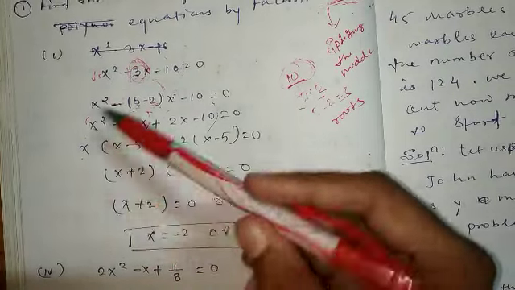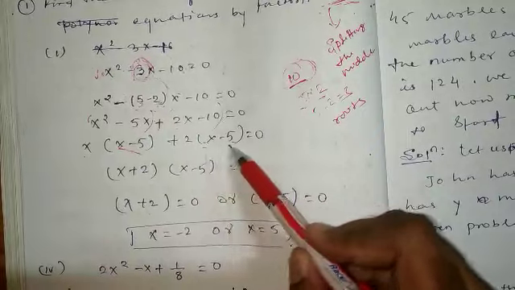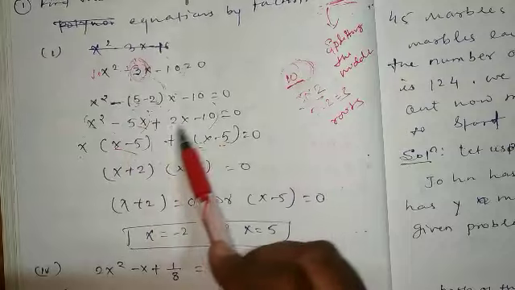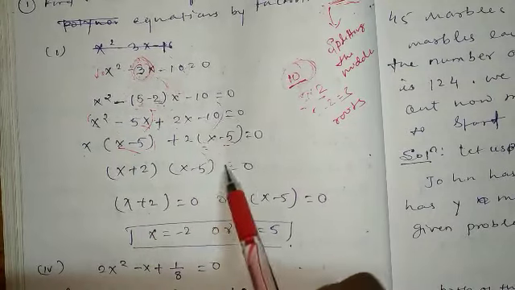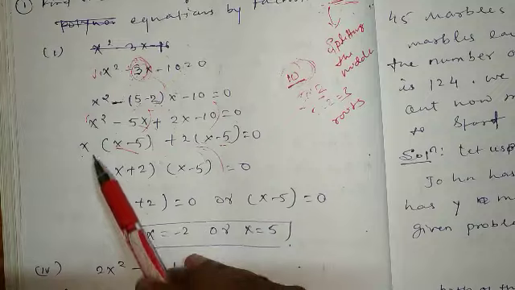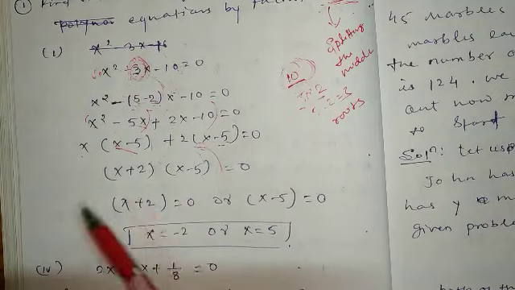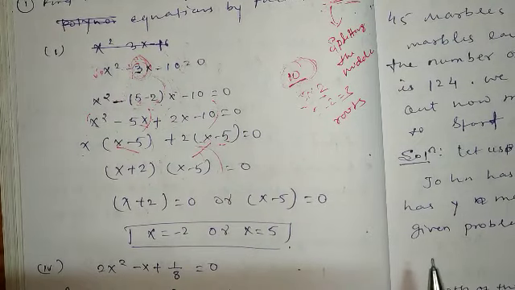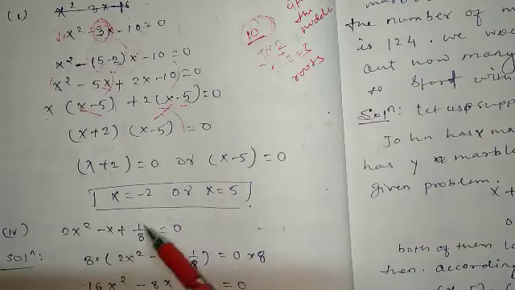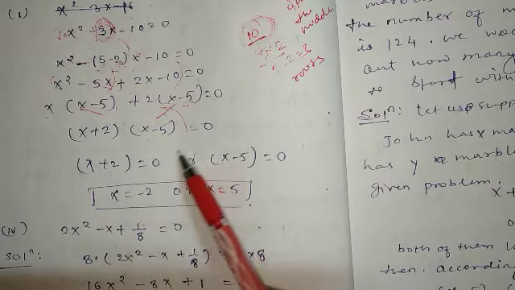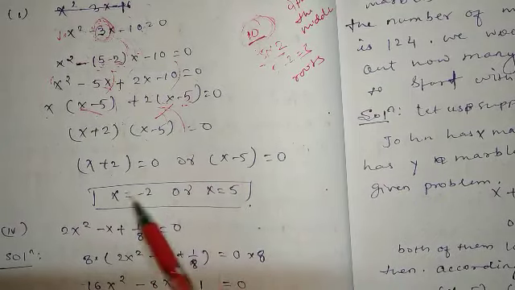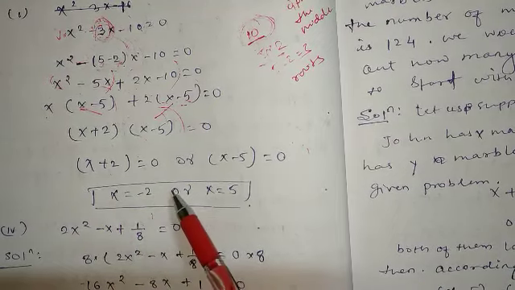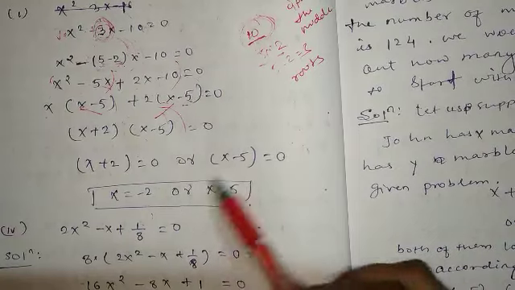So now x minus 5 will be common from both these terms, and x plus 2 will remain as a factor. One factor is x minus 5 and another factor is x plus 2. So x plus 2 is equal to 0 or x minus 5 is equal to 0. One value of x is minus 2, and another value of x is 5.